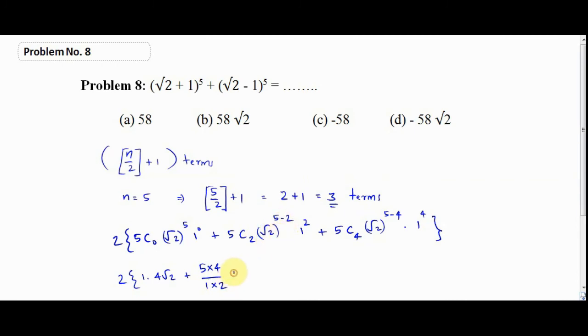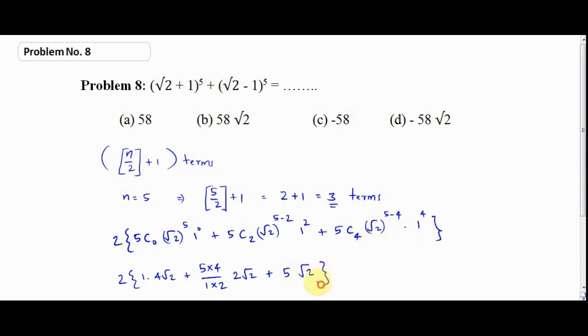So that will be equal to 2 root 2 plus, here we have 1 square. So that will be 1. Then plus 5C4. 5C4 will be 5 divided by 1. Okay. So that will be 5. 5 into root 2 raised to 5 minus 4. So that is root 2 raised to 1. So that will be root 2 then into 1.